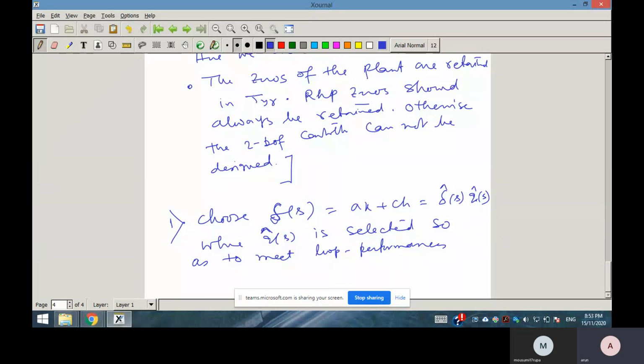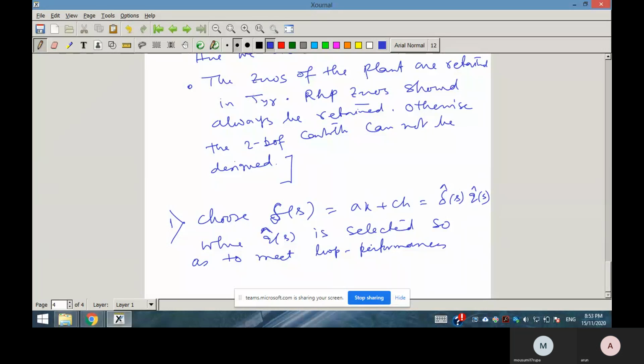So here Q hat is additional. Delta hat is given to you. Now Q hat has to be chosen such that you will get a desired loop shaping, desired sensitivity peak, and all these things.